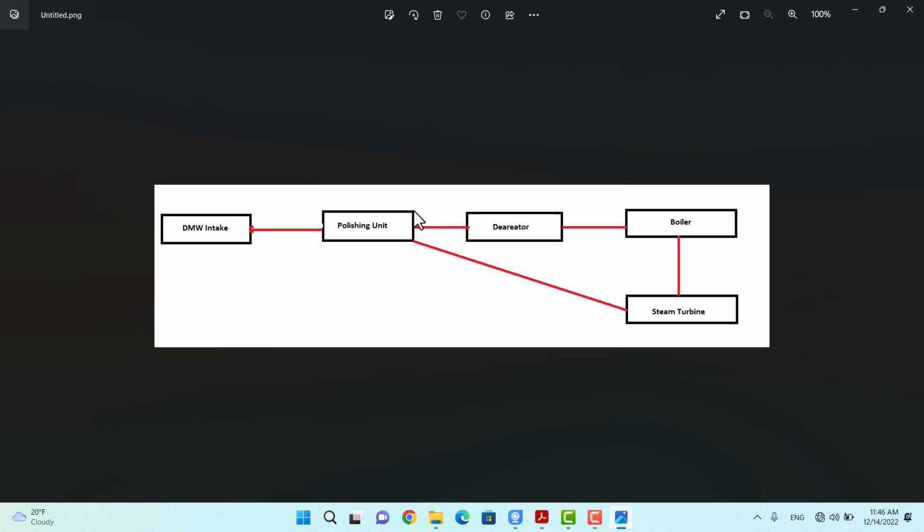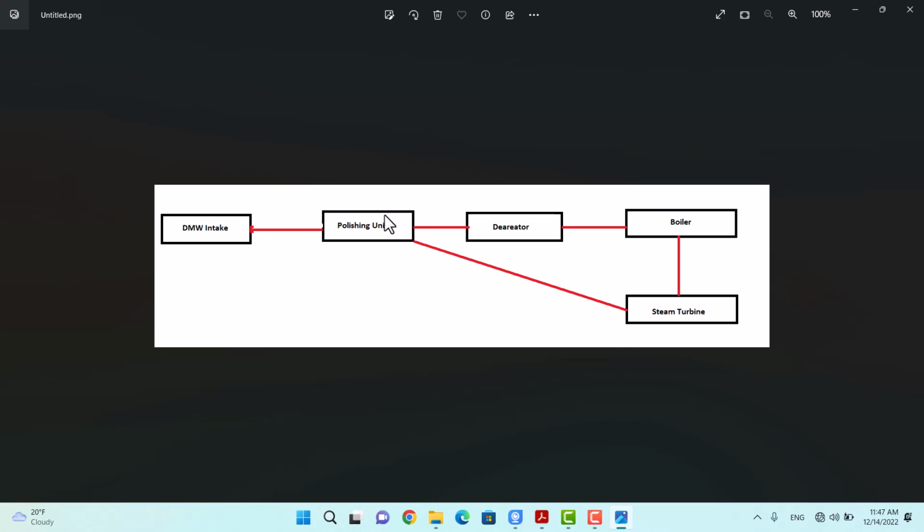In polishing units, there are some pre-filtration processes and ion exchange reactors. In those, some particles and ions are absorbed by the ion exchange reactors. Therefore, it is free from those ions and particles.